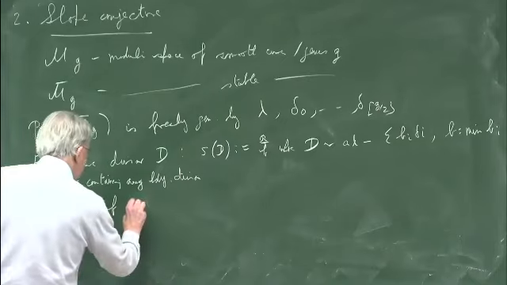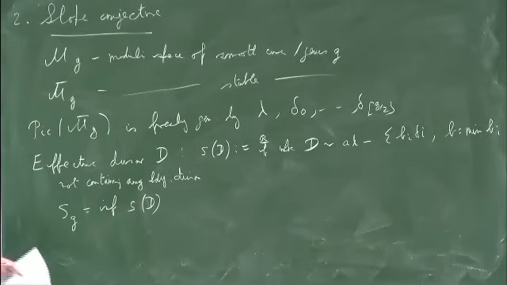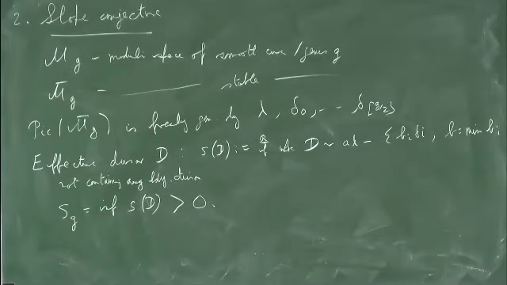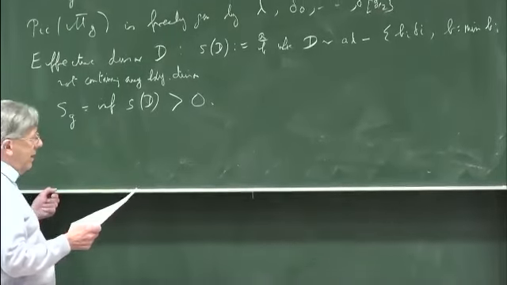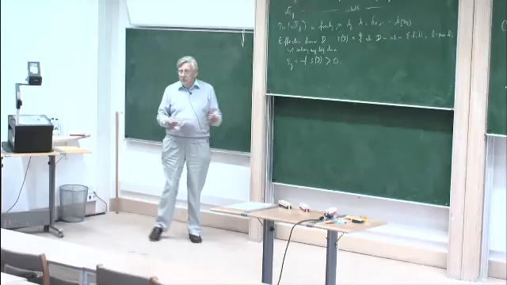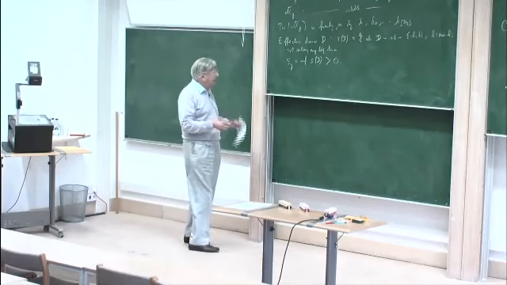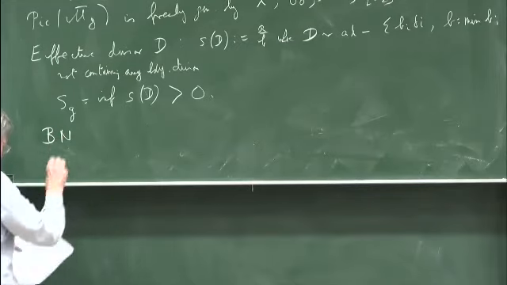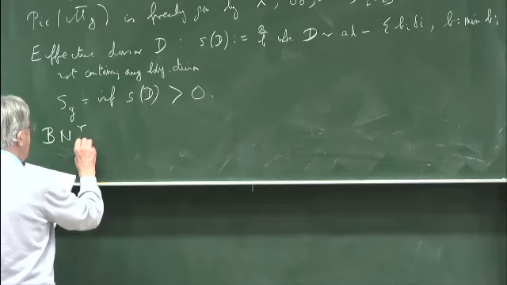It's the infimum of s(D), and it is strictly positive. Now the question is, to try and measure this slope, you can consider possible known divisors. And in particular, one can define the Brill-Noether divisor.